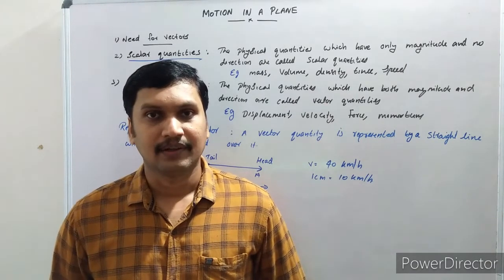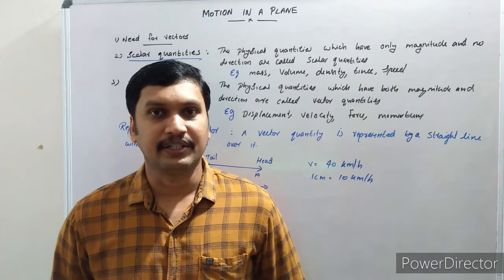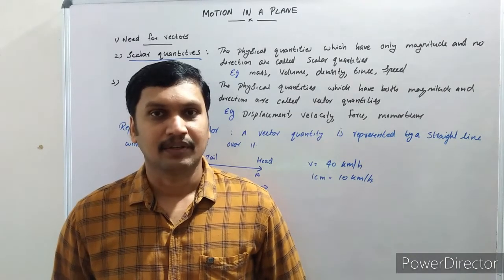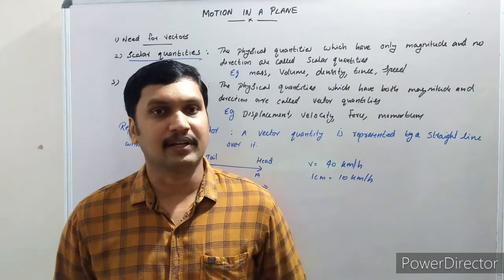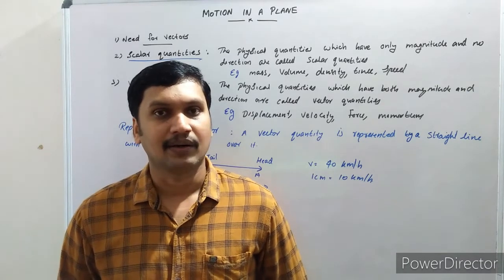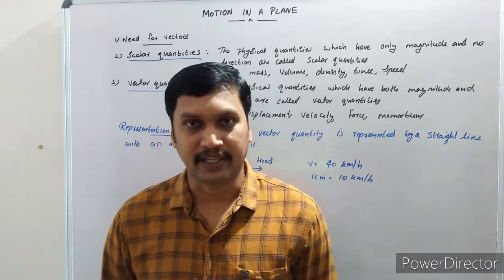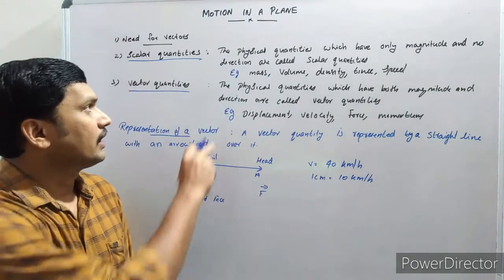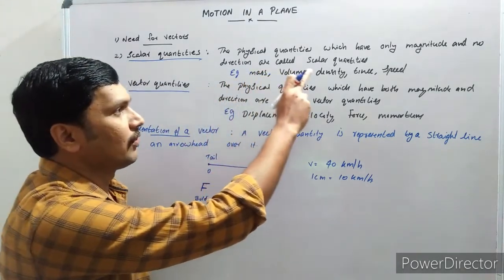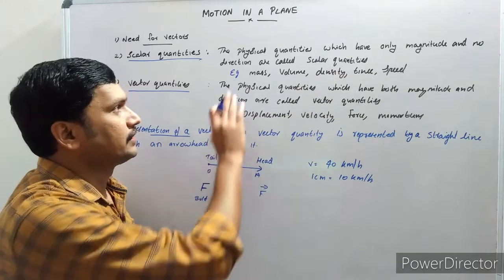We already know that there are scalar quantities and vector quantities. All physical quantities can be classified into scalar and vector. Scalar quantities are physical quantities which have only magnitude and no direction.